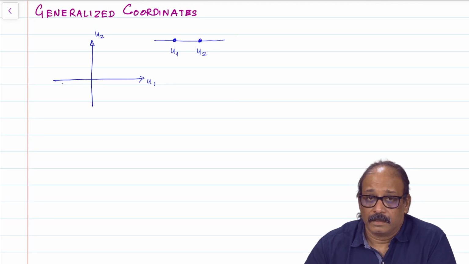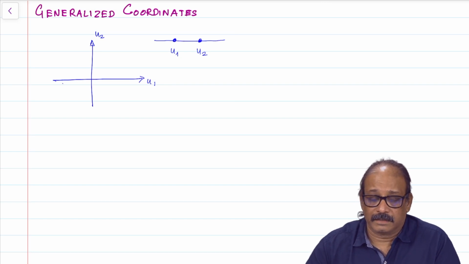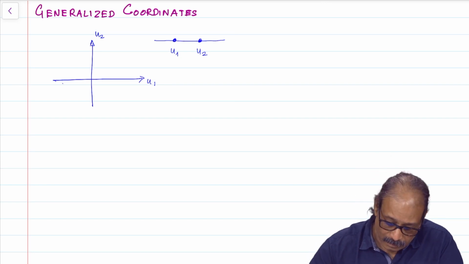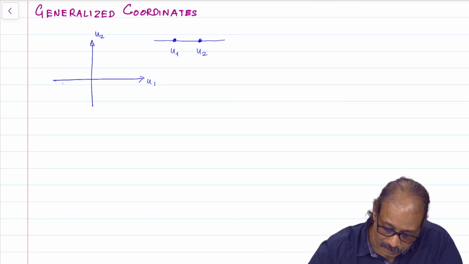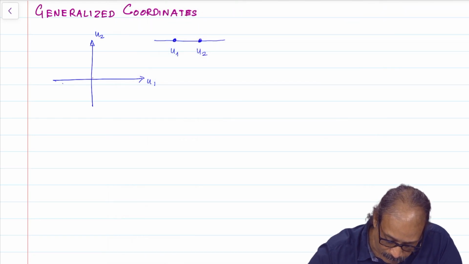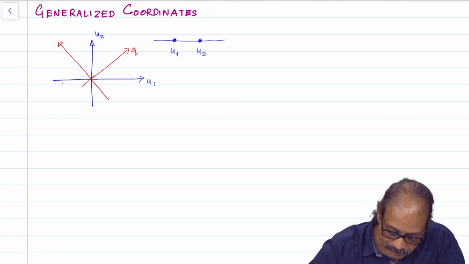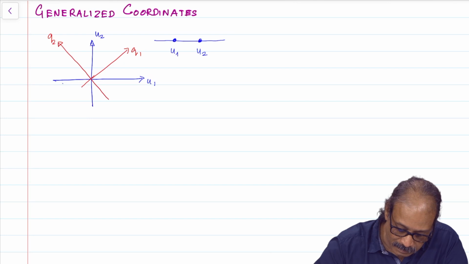This is just a 2 dimensional plane with two axes, one marked u1, the other marked u2. Why can't I make a change of coordinates here? For example, I can change the coordinate axes to something like this, and call this axis q1 and this axis q2.